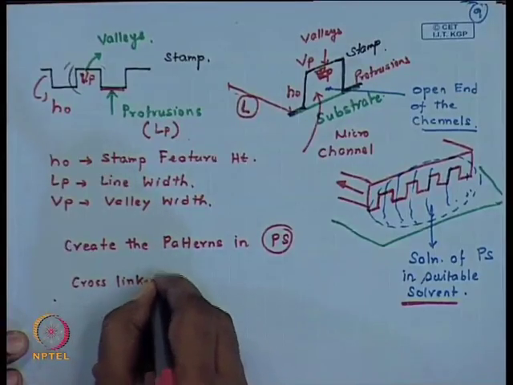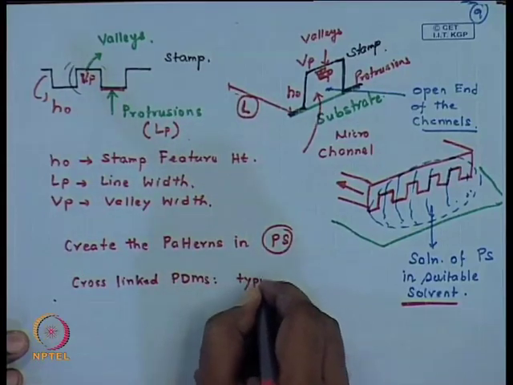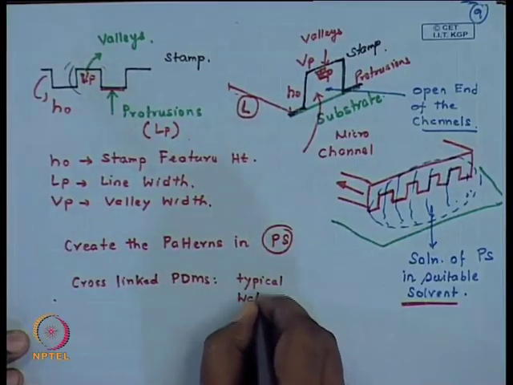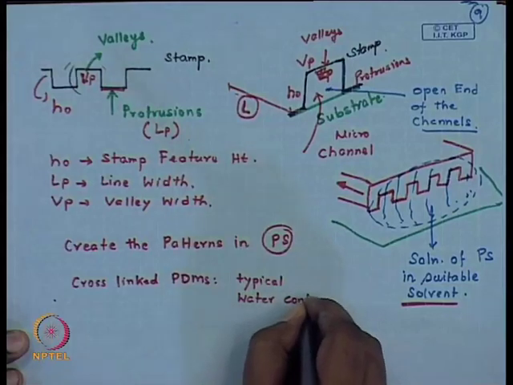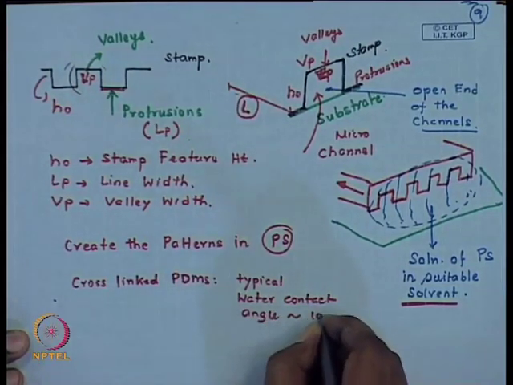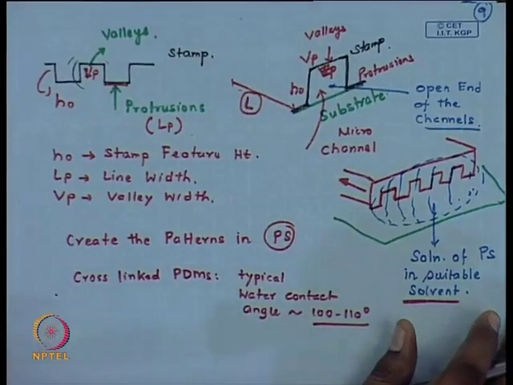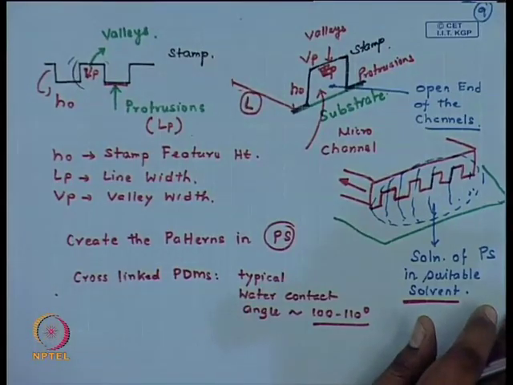So, Sylgard exhibits a weak hydrophobicity with a water contact angle varying somewhere between 100 to 110 degrees for cross-linked PDMS, which might be slightly on the lower side.